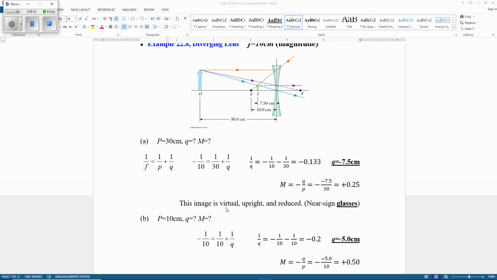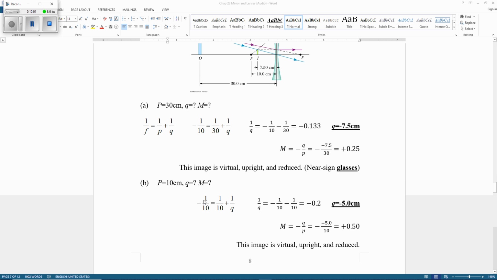Why? Because q is negative. Okay, it's upright because m is positive, and reduced because it's smaller than 1. So it's only a quarter of the size. So one application is like nearsighted glasses.